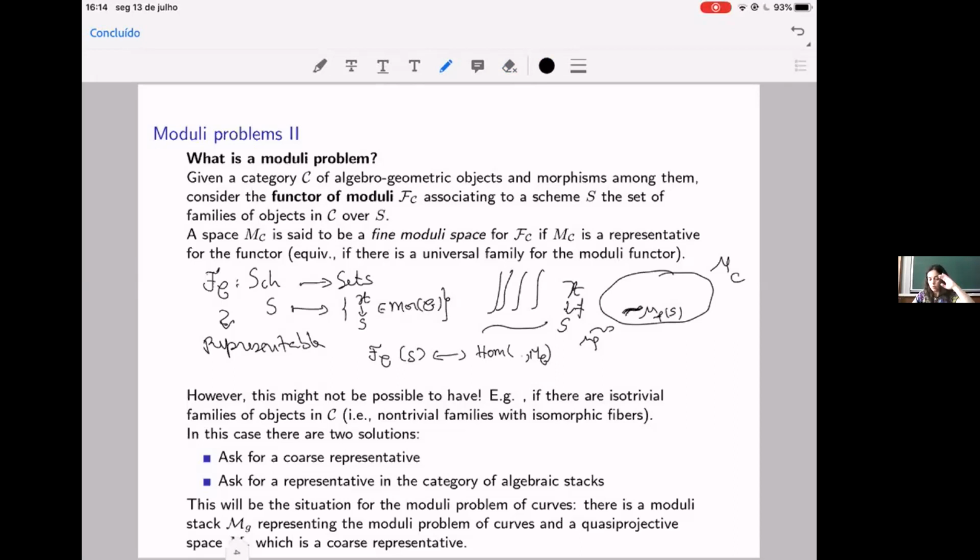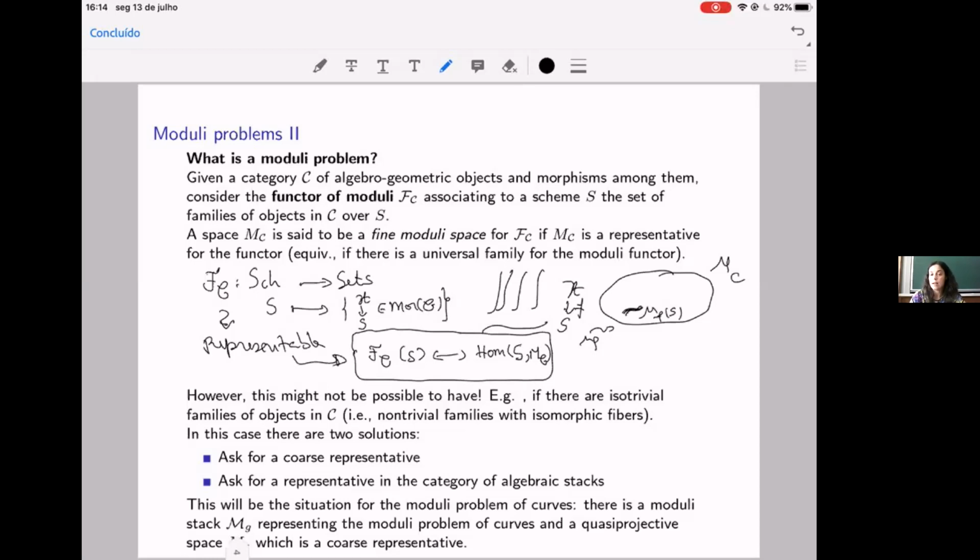So the functor would be representable by this object M_C if the functor F_C could be the functor Hom from S to M_C. And this is the ideal situation that we would want in order to have a really nice moduli space.